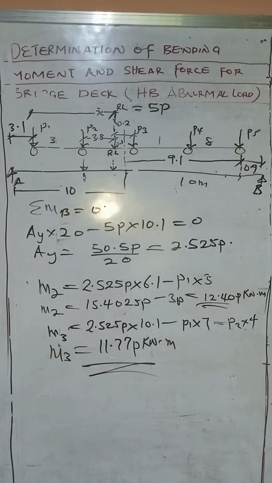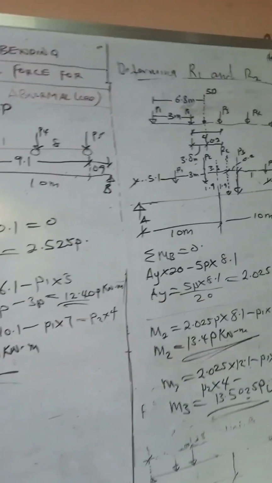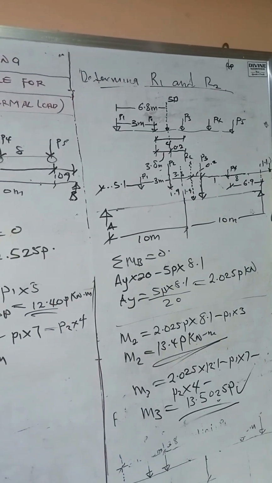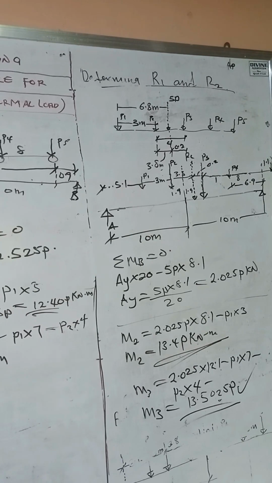We've discovered that the first position takes precedence in terms of maximum moment, which takes place under load P3, and we have it as 13.5025P kilonewton meters.